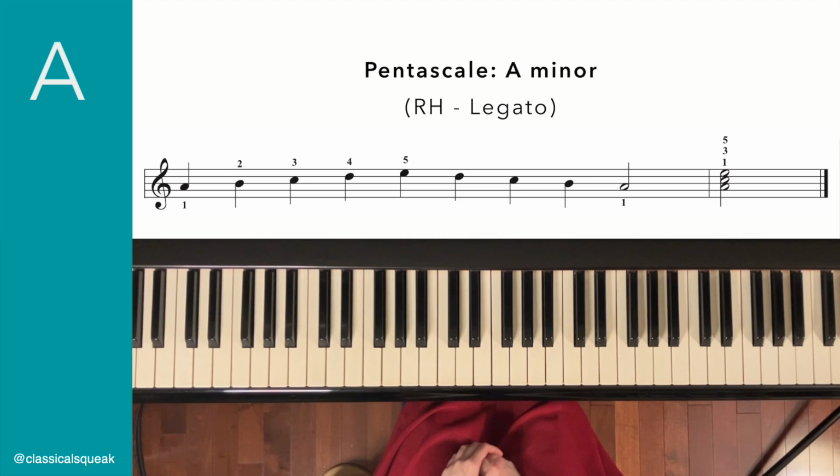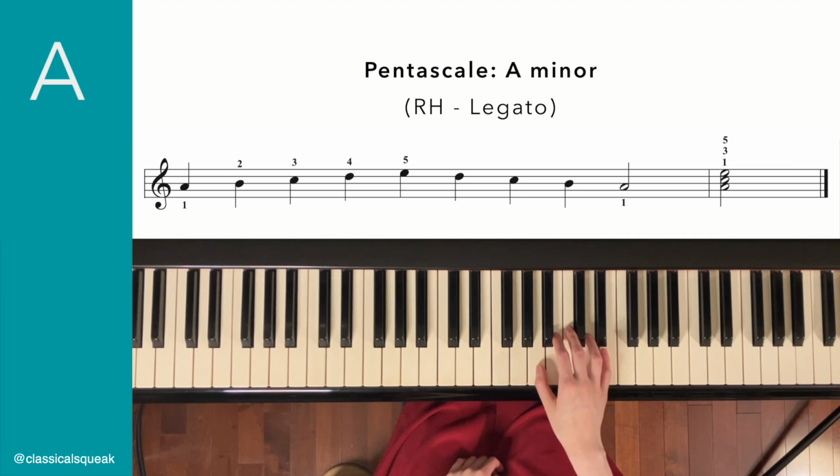For A minor, we're going to start on A, and the highest note is E. And then we have all the white keys in between, similar to our C major.